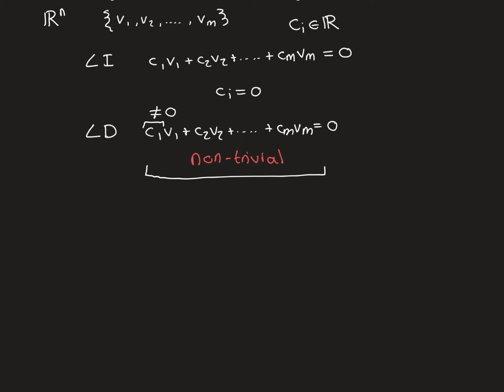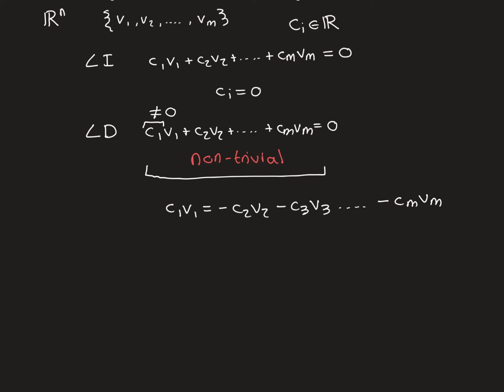So what you're then able to do is rewrite this equation as c1 times v1 is equal to minus c2 times v2 minus c3 times v3, just taking all the rest of this onto the right-hand side here, and then it continues on, all the way down to minus cn vn.